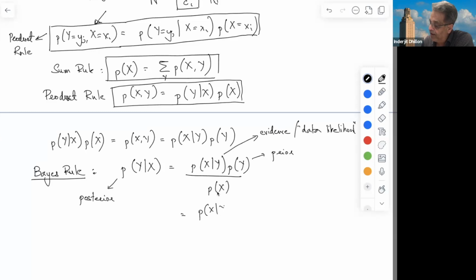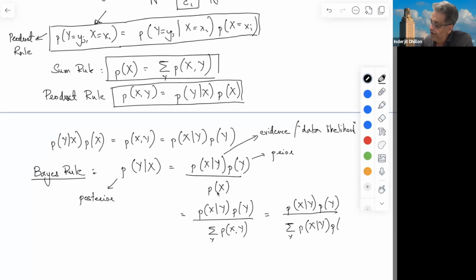So this is the numerator as above, P(x given y) times P(y), and then the summation over y, which is P of x comma y. Okay, and I can now write the denominator as, again, this, and I can apply the product rule over here, and I can say that this is P of x given y, P(y).